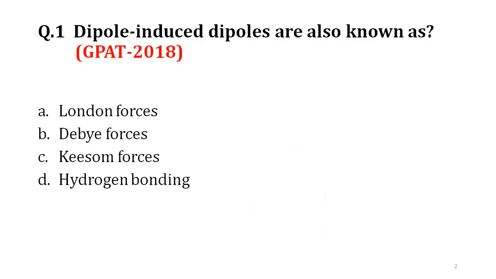The first question: dipole induced dipoles are also known as. This question was asked in GPAT 2018. Option A London forces, B Debye forces, option C Keesom forces, and D hydrogen bonding. These are the types of van der Waals forces and their synonyms.